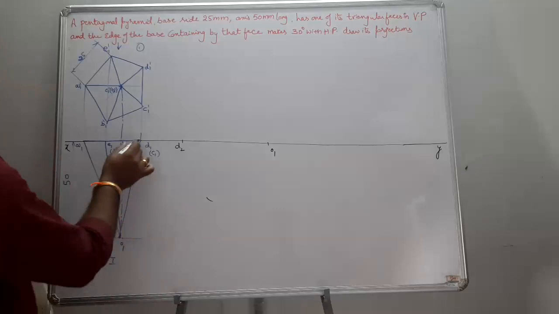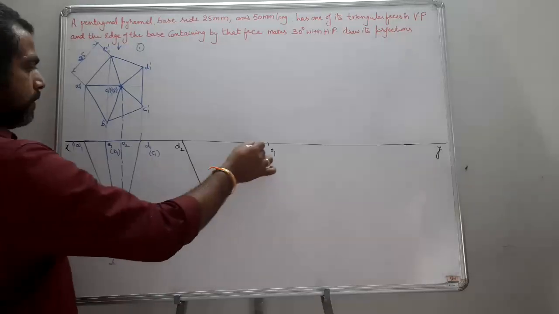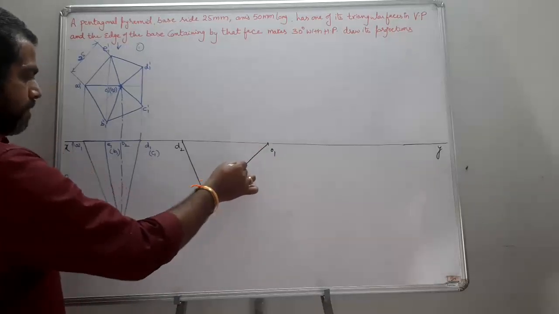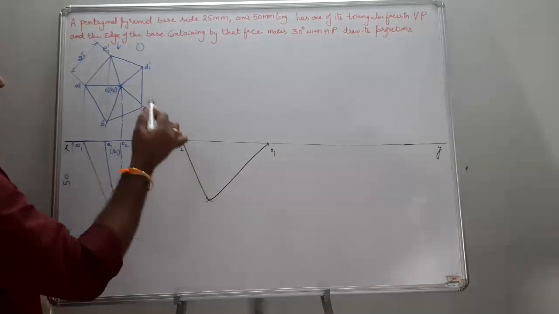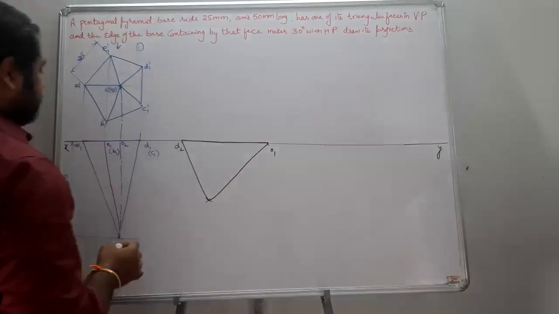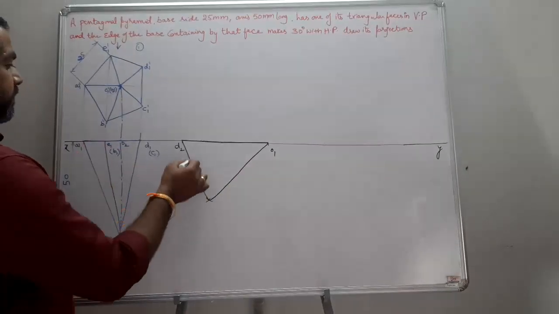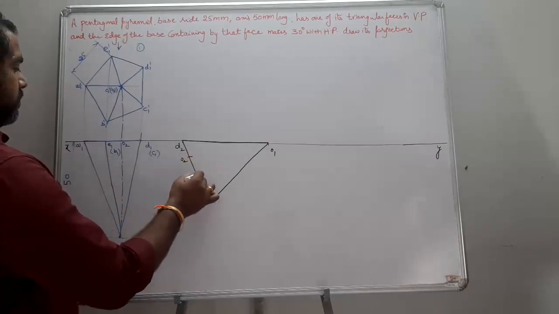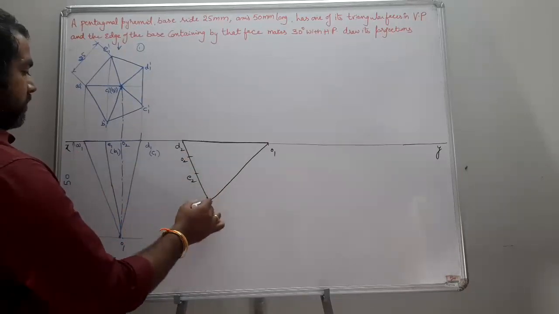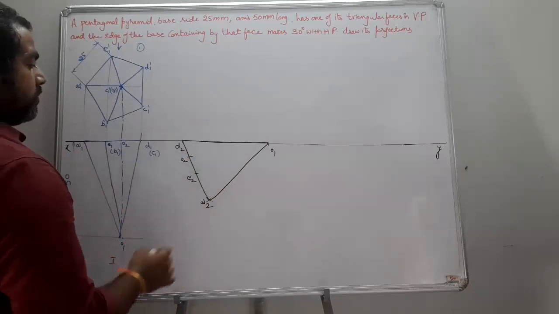D as center, DA as radius, cut the arc. You will obtain this triangle. And you just place your points. So this is O2, and this is E2, and this is A2.